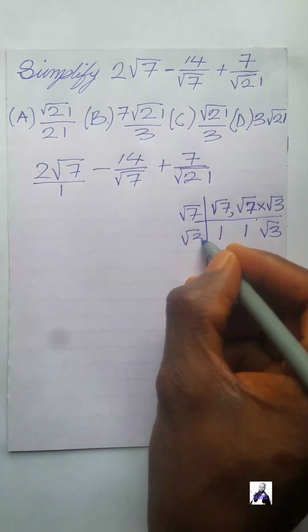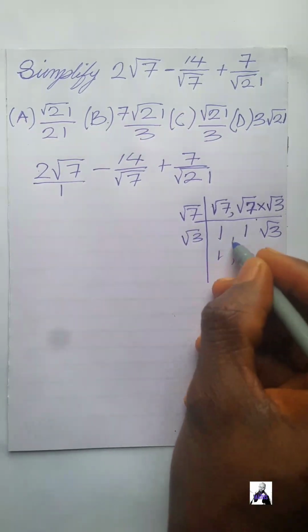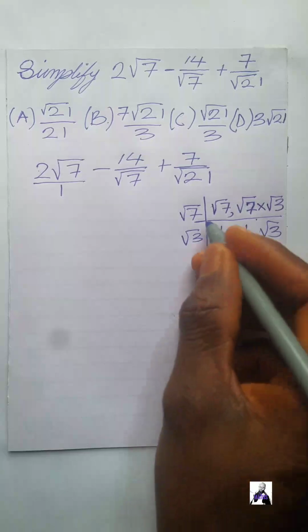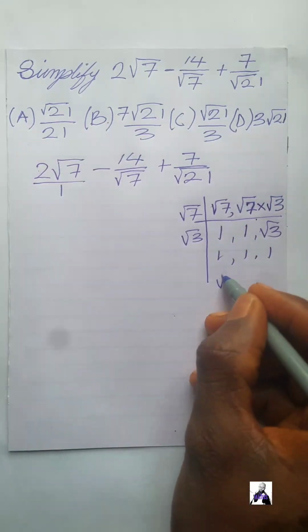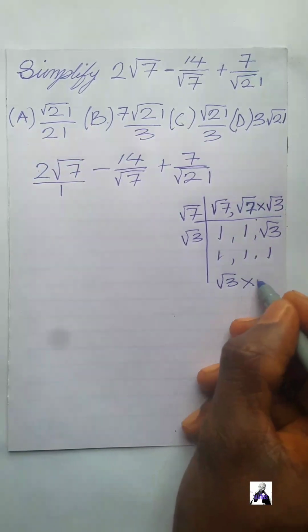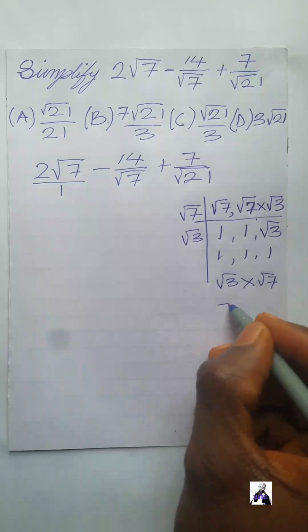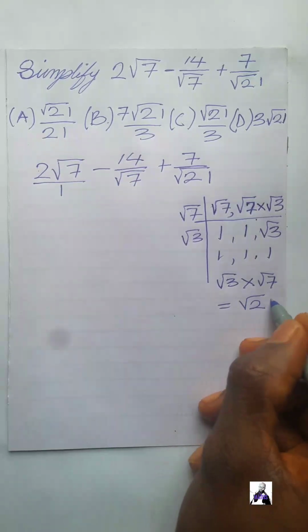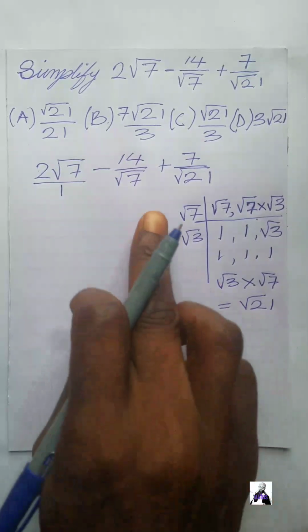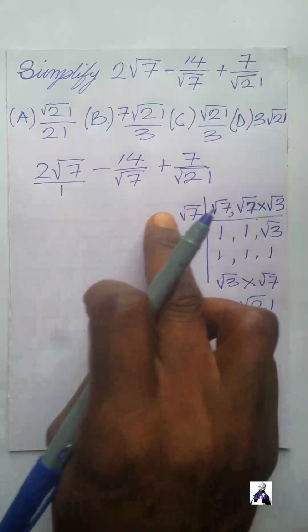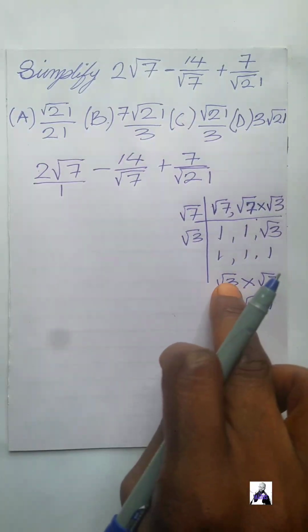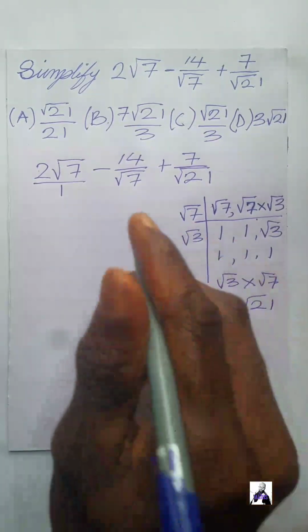Now root 3 goes into root 3, 1. So our LCM is what? Root 3 times root 7, which is root 21. But for the sake of this problem, I'm going to stay with root 7 times root 3 here.